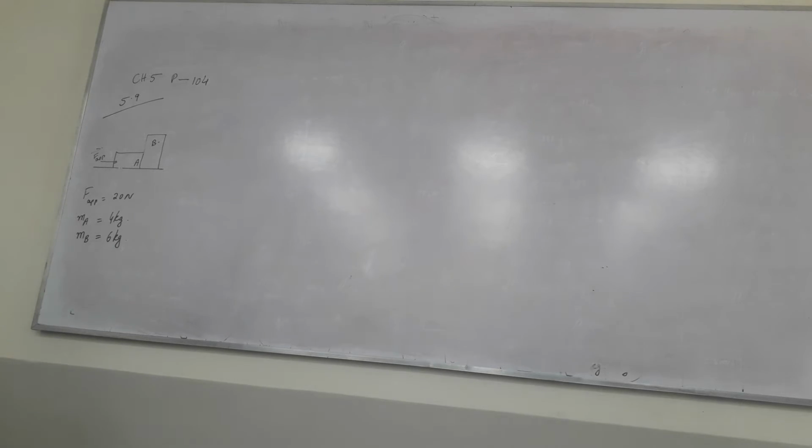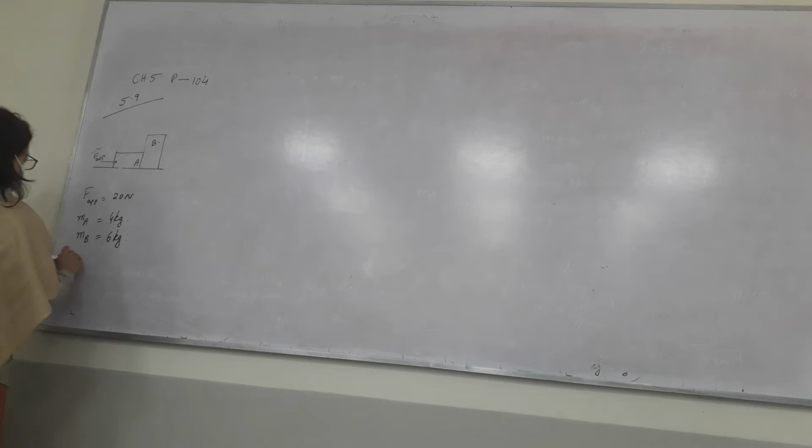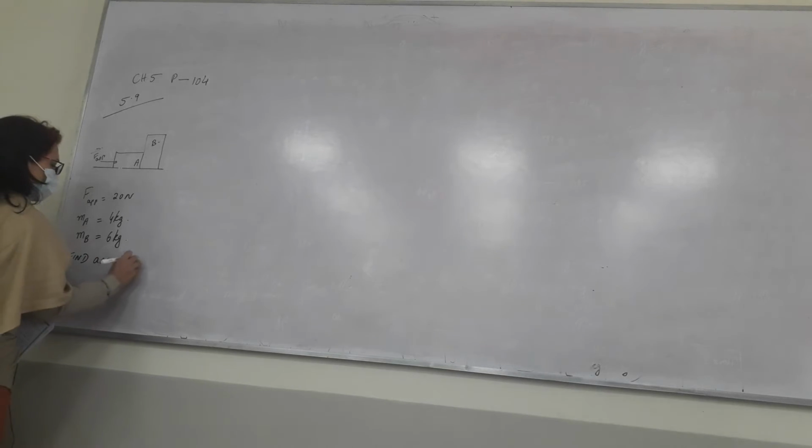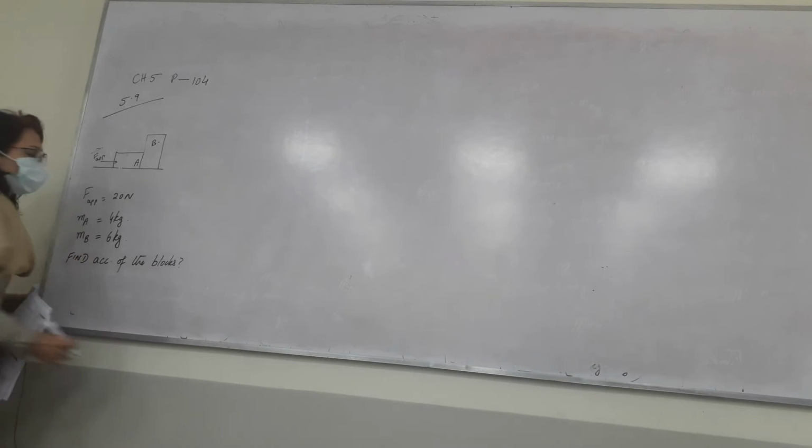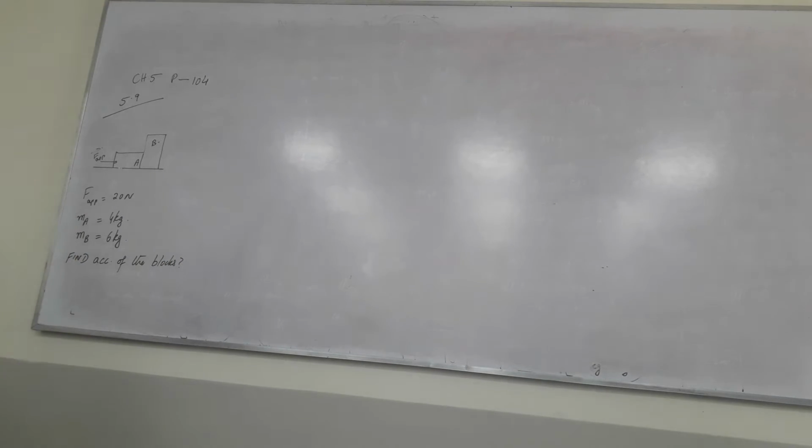What is the acceleration of the blocks? We have to find the acceleration of the blocks. This is the question. So that's the problem statement. You have a scenario where you have two blocks, block A and block B, and a force being applied on block A along the horizontal direction, which is the x direction.